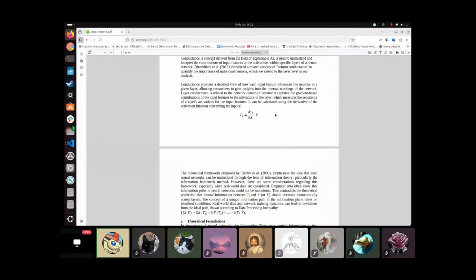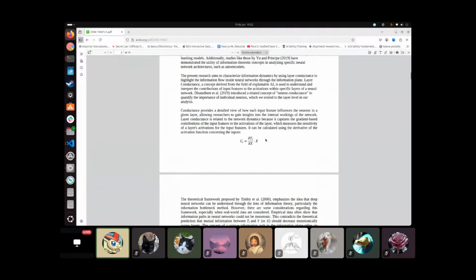Yeah, I guess you multiply by the input. But wait, isn't this like the gradient of the... I'm not sure what this is, but it's over t over x, so it's like the gradient of the input, right? Anyway.